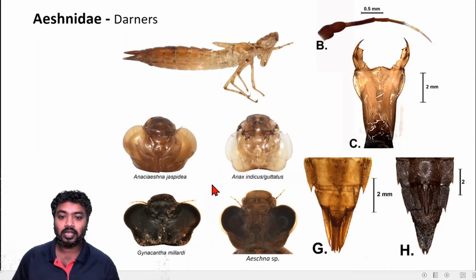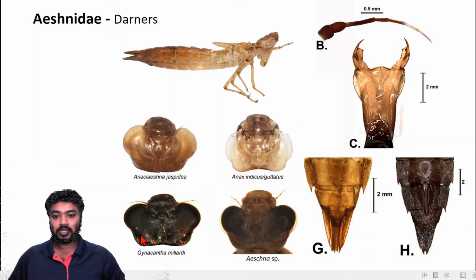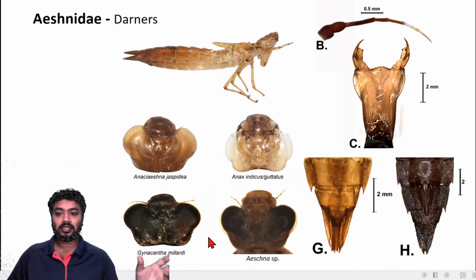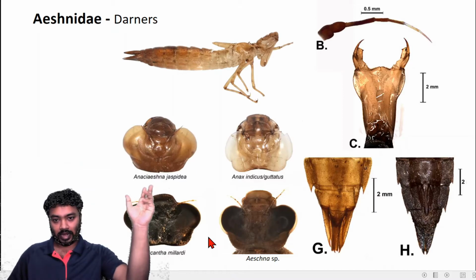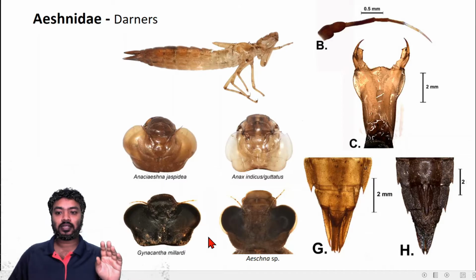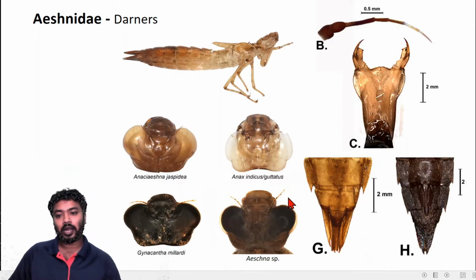And Gynacantha is also a very small species, with small larvae, and you can easily identify Gynacantha and Anaciaeschna from other darners just by looking at the size. And Aeshna is a Himalayan species, it's not very common, so let it be.